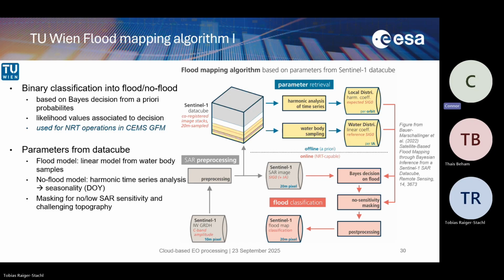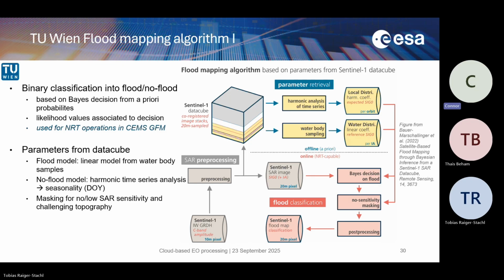It's also important to know that on top of flood and no flood, we also have a specific likelihood value associated with the decision of each pixel. It's also worth noting that this algorithm is used in near real-time operation within the Copernicus Emergency Management Service, especially in the so-called Global Flood Monitoring service.